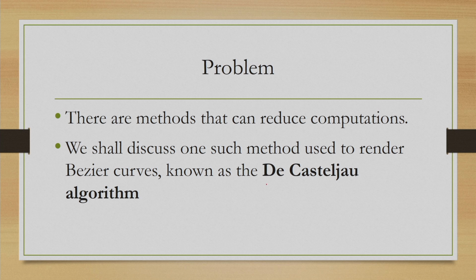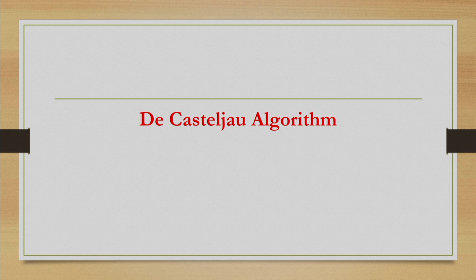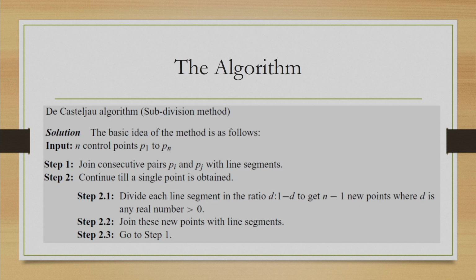One of those approaches is known as de Casteljau algorithm, and we will have a quick look at the algorithm. The algorithm consists of a few steps. There are n control points given. We join the consecutive pairs of control points with line segments, and then we continue till a single point is obtained.